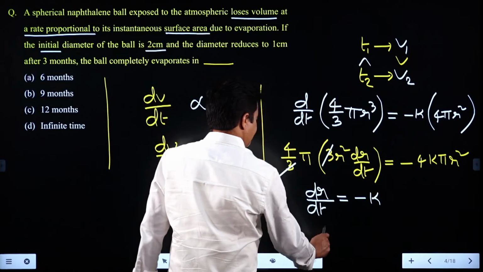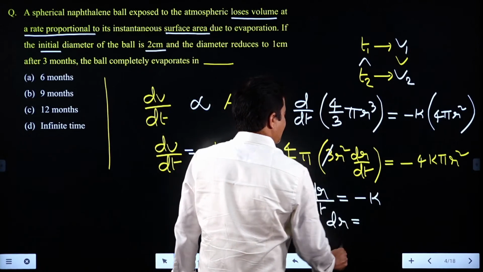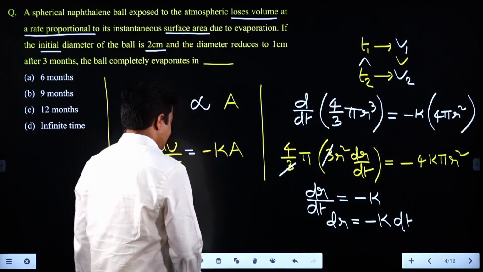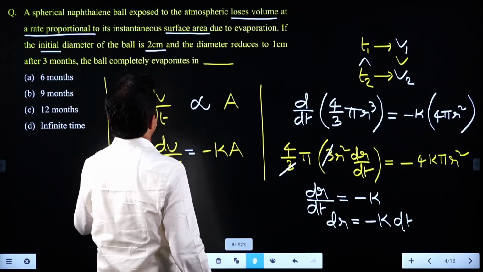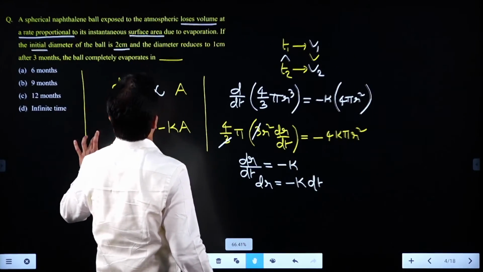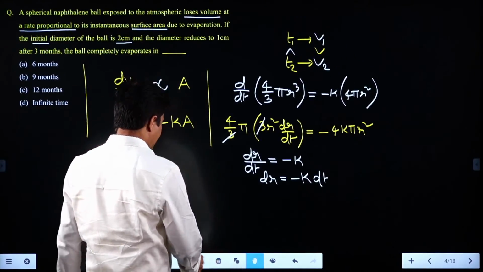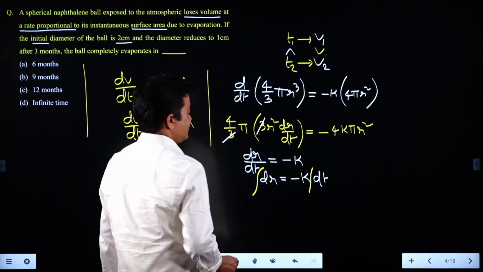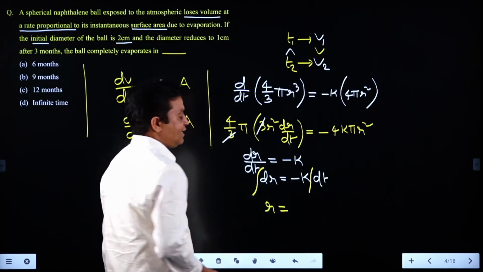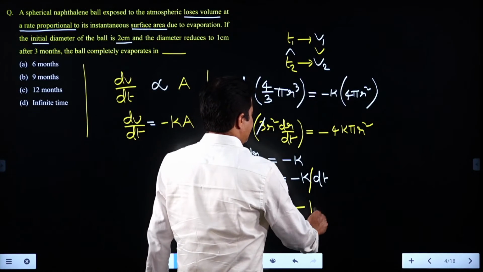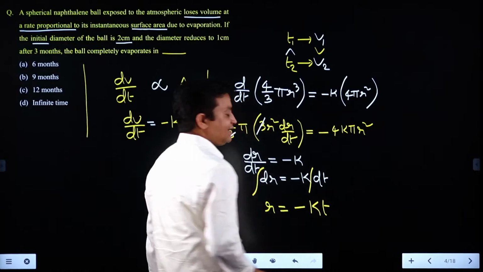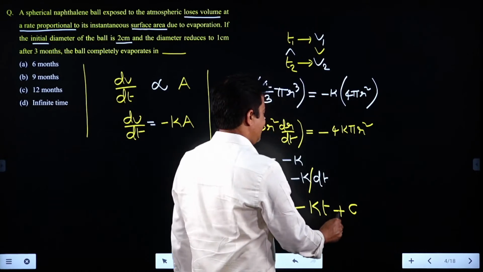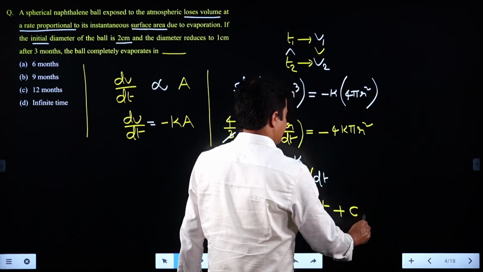That means dr equals minus k dt. So, the relation between r for radius and t for time. So, integrate. It is integral dr equals r, minus k is the proportionality constant, dt gives t, and some integrating constant c.